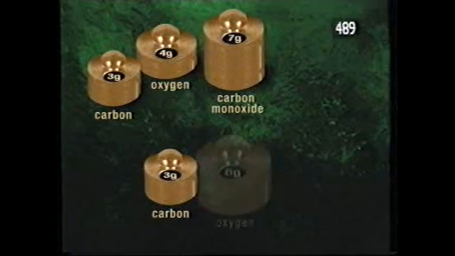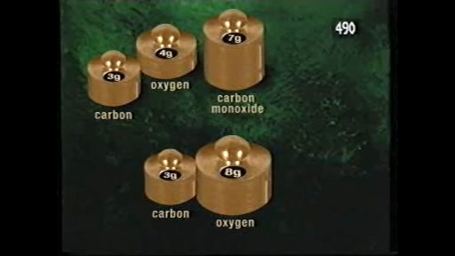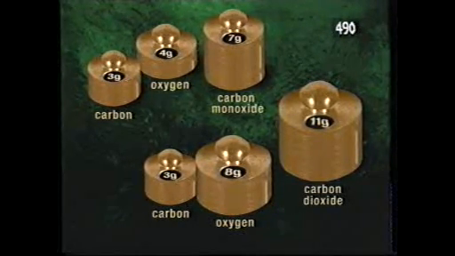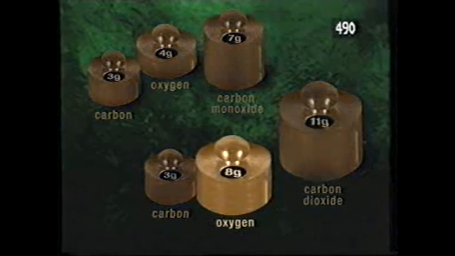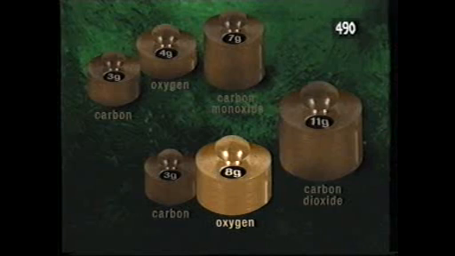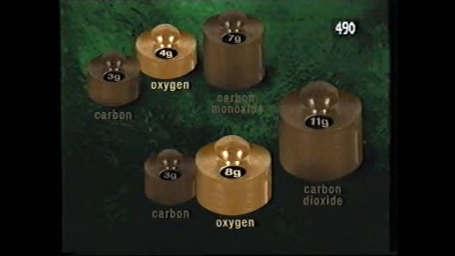This time, we find that 8 grams of oxygen are needed. And so 11 grams of carbon dioxide must be formed. Now the 8 grams of oxygen in the second reaction is exactly twice the 4 grams of oxygen in the first. Why is this?